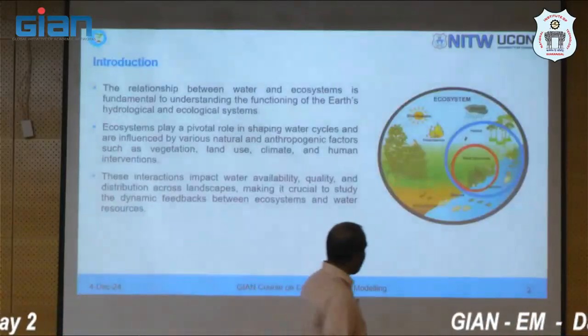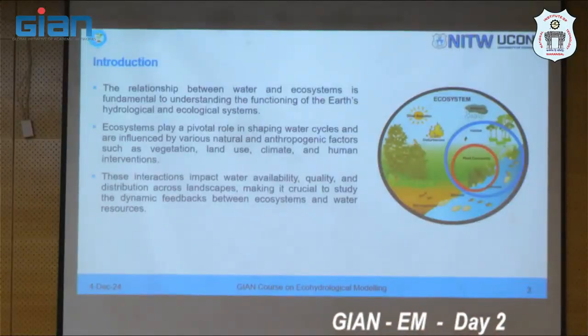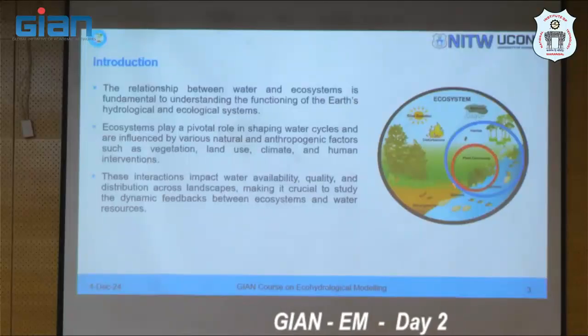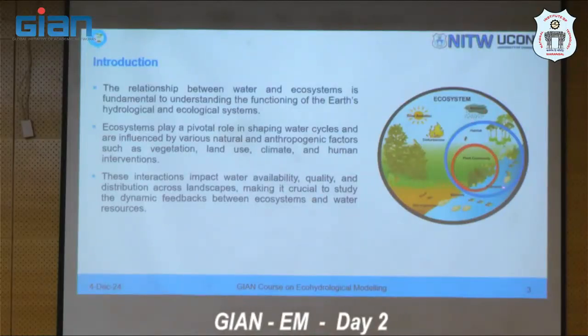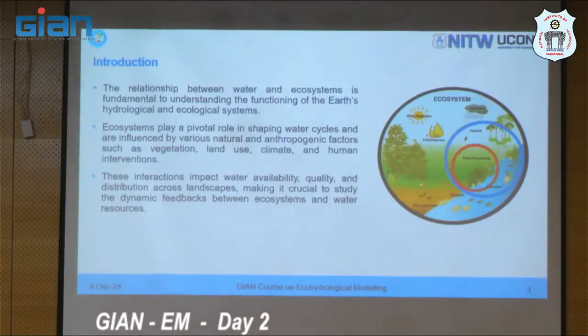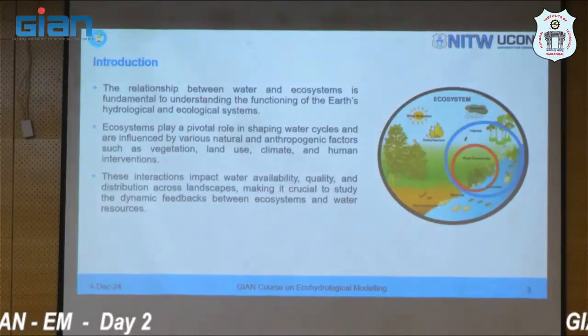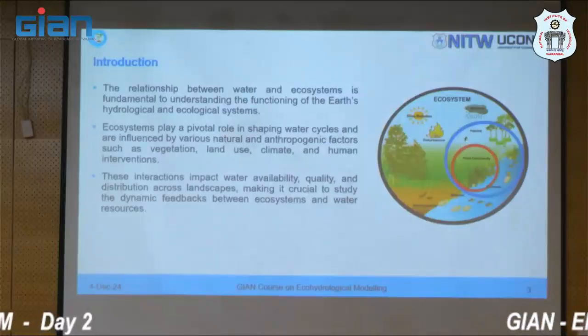So, coming to the interaction between water and ecosystem, right? You have different ecosystems. You have the aquatic ecosystem, then you have nutrients, habitat, then you have humans, soil organisms, bacteria. So, all these ecosystems interact with water in one way or other.